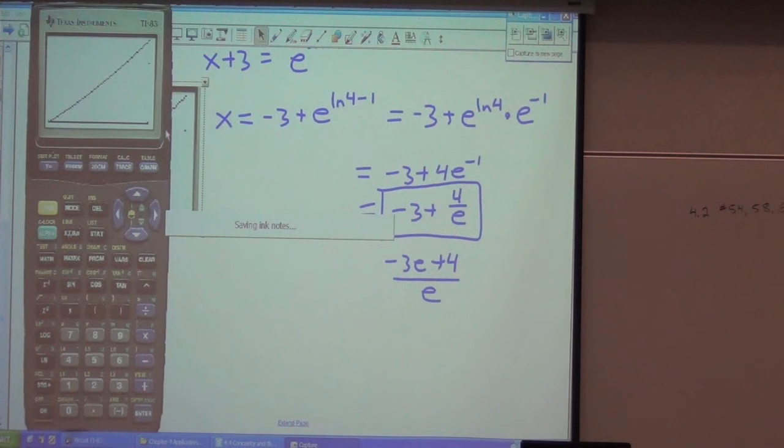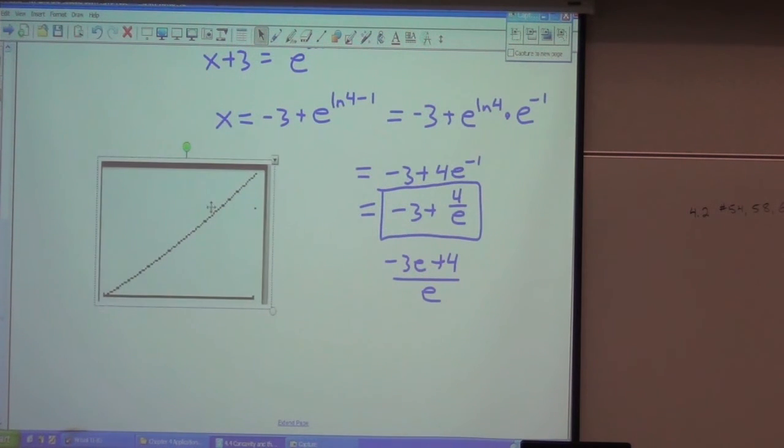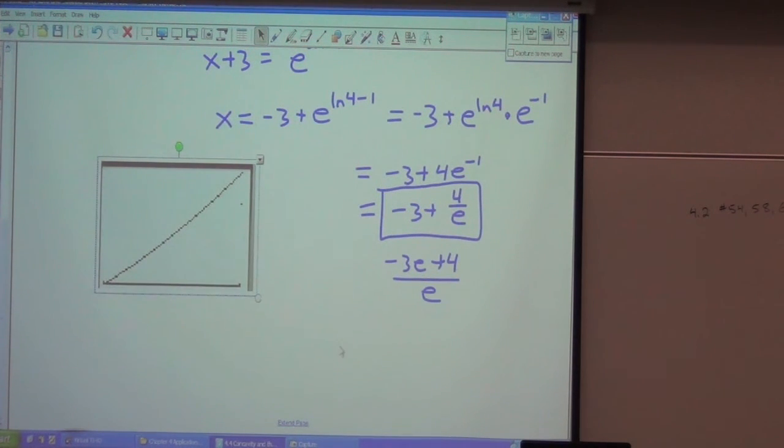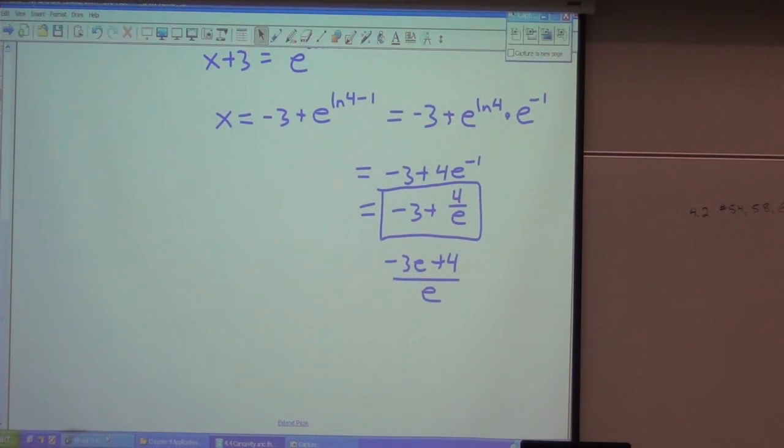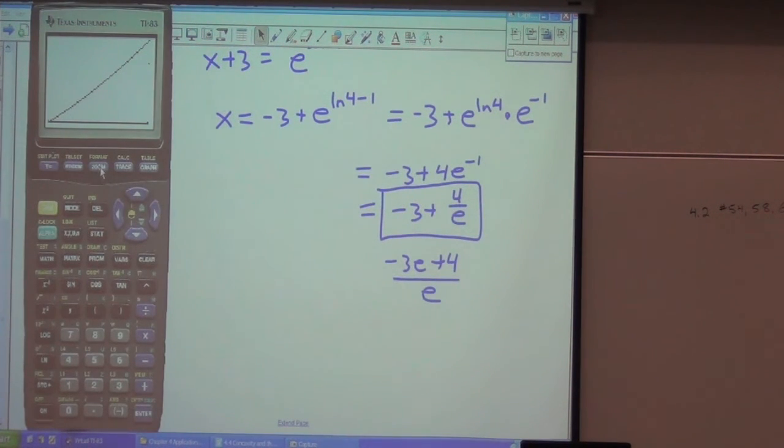Actually, I don't know what I'm doing now. Well, let's do this. Let's calculate the value of this function at -3 plus 4 over e. It's right there.